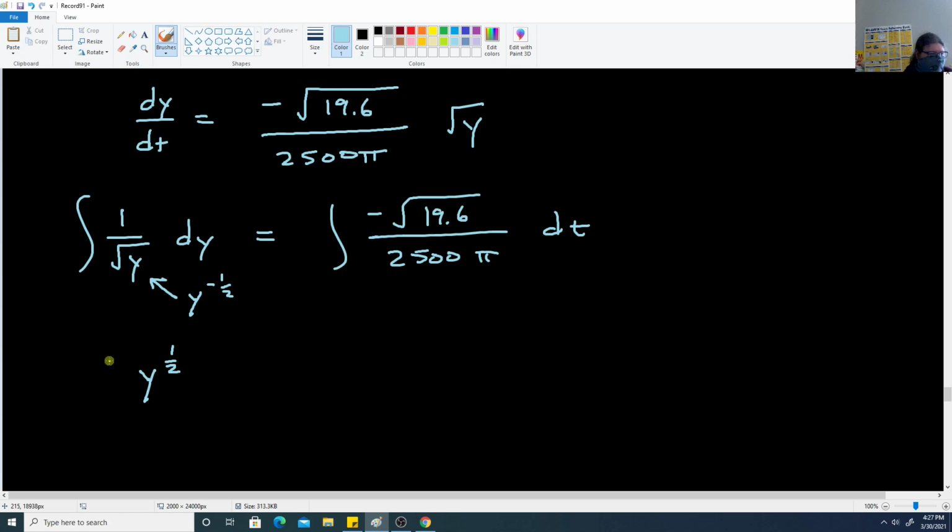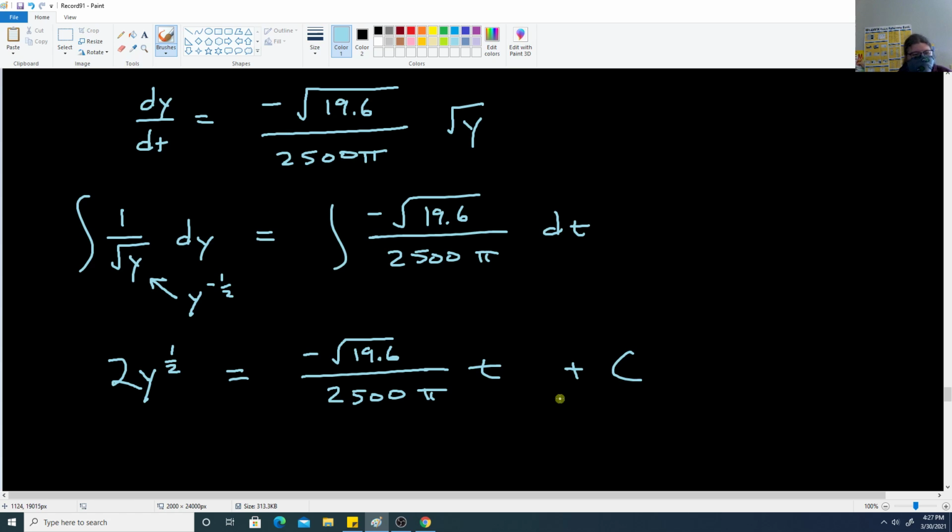And then there'll be a 2 out front so that whenever the half comes down, it cancels with the 2. This is all just a number. So if you have the integral of a number dt, you just get the number with a t written after it. And then we put our plus constant.